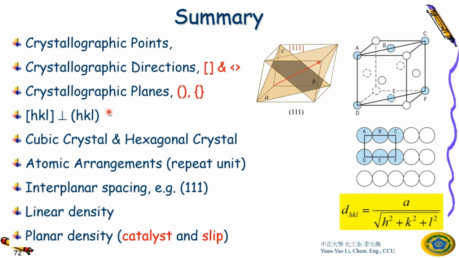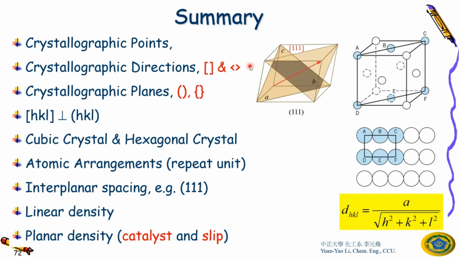The fourth one is we need to know the direction will be perpendicular to the plane. For example, the 100 direction will be perpendicular to the 111 plane. So this is direction and plane, and it will be perpendicular. I hope you still remember this.